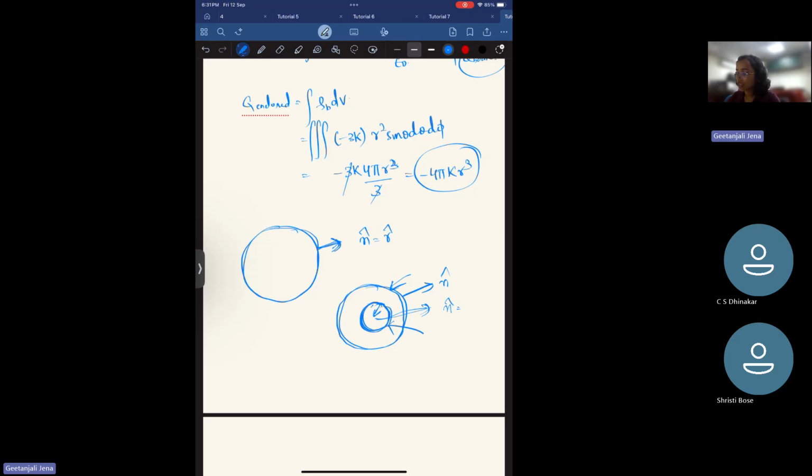For the second one, there are two surfaces: for the outer one it is n cap, but for the inner one, if you take this direction, it is pointing towards the volume of the sphere, so we can't take this as the normal. Always take a normal vector which is away from the volume and normal to the surface.